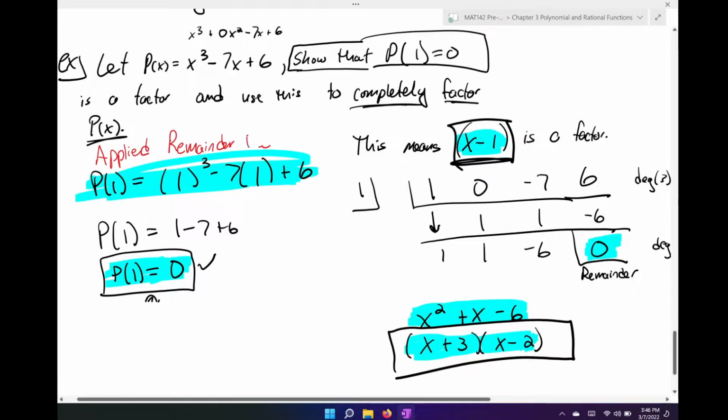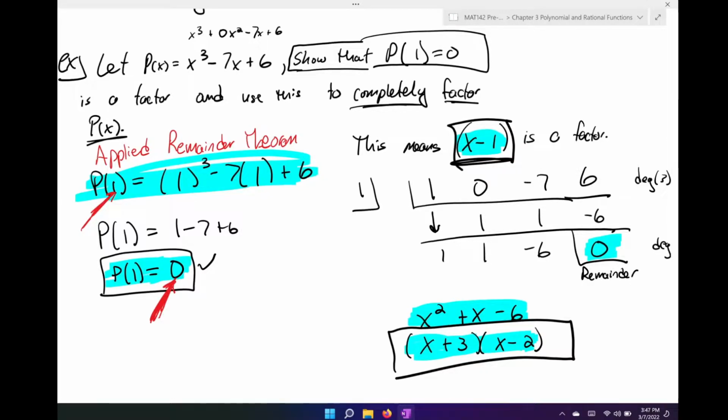If we have a possible number, in this case that number is 1, and we substitute it into our polynomial, whatever the output of that polynomial function happens to be, in this case the number 0, is going to be your remainder if you were to divide, okay?